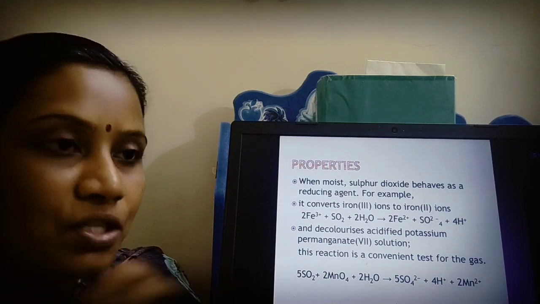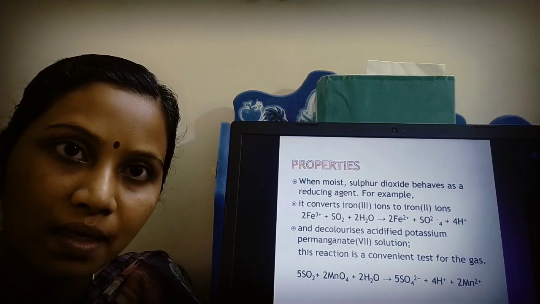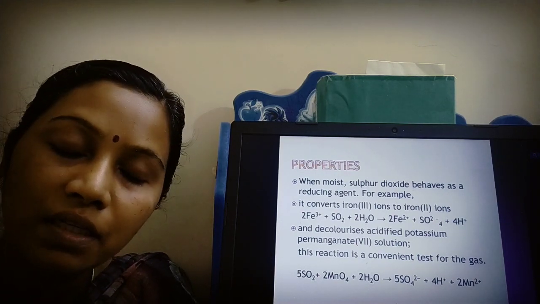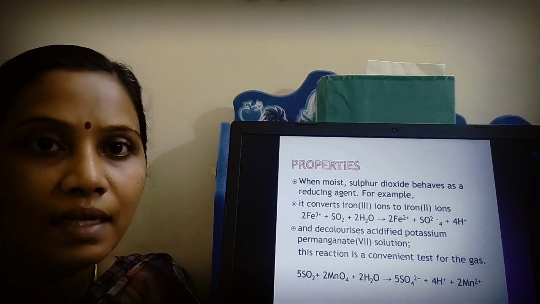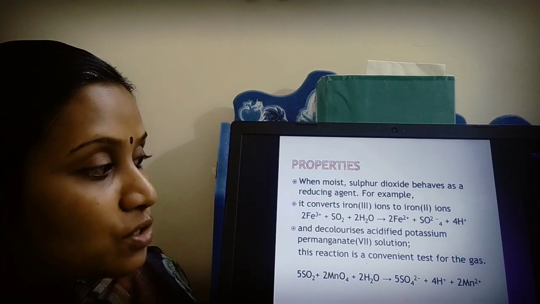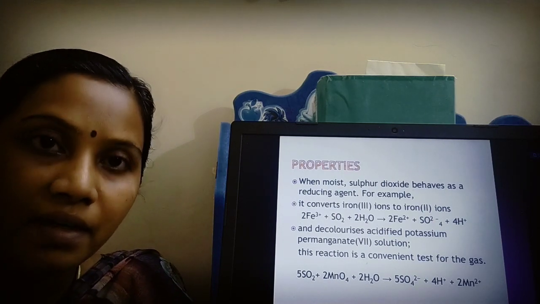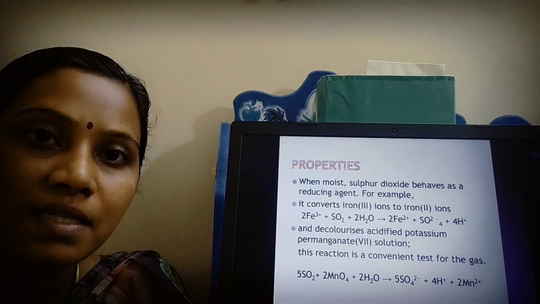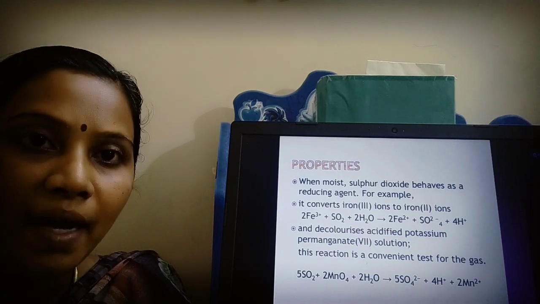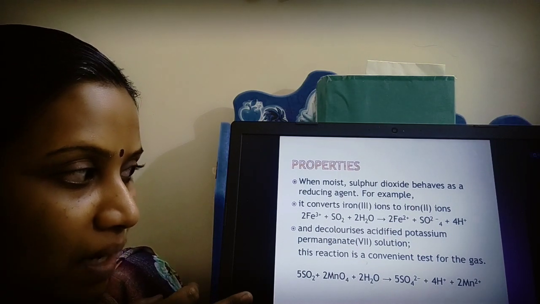The second reaction: it decolorizes potassium permanganate. In the previous reaction, we saw the color change from orange to green in the case of potassium dichromate. So here, as a reducing agent when it is hydrated, its first reaction is converting ferric to ferrous form, and it decolorizes the potassium permanganate solution.